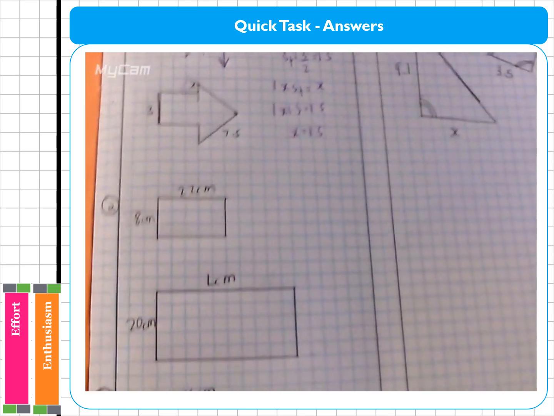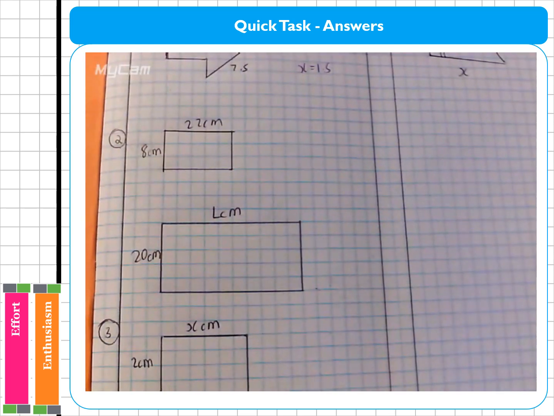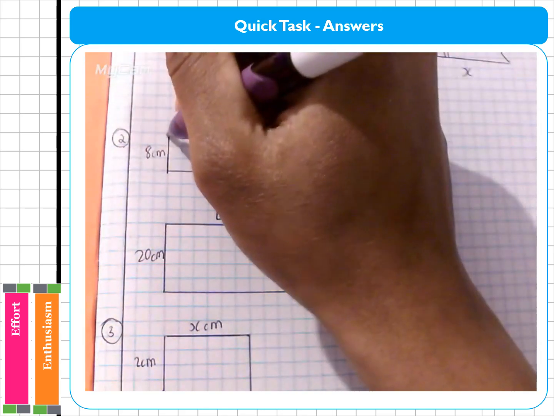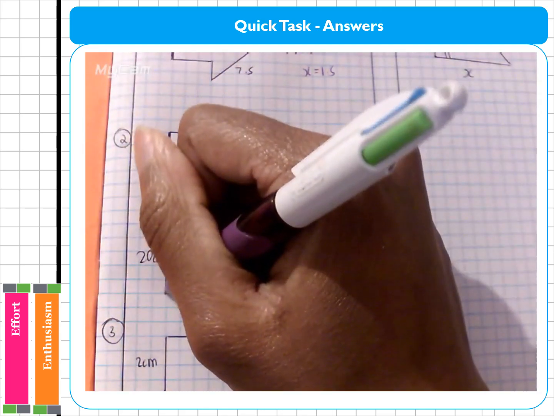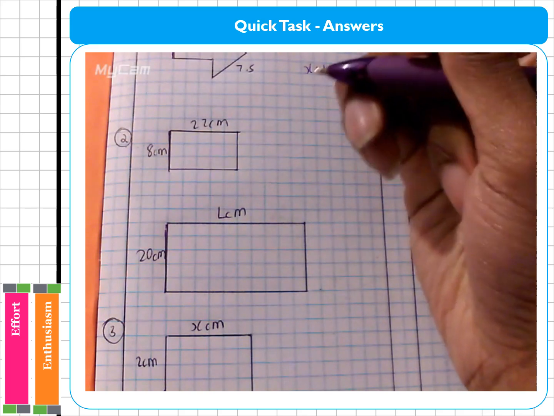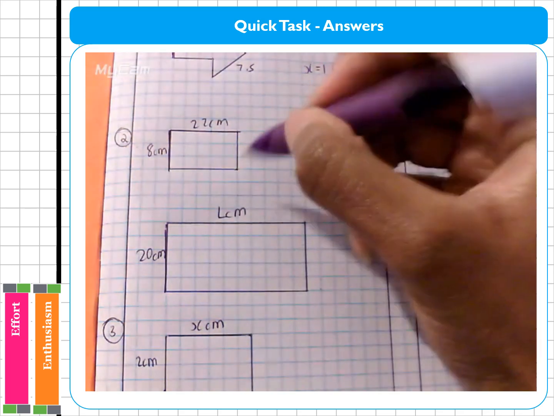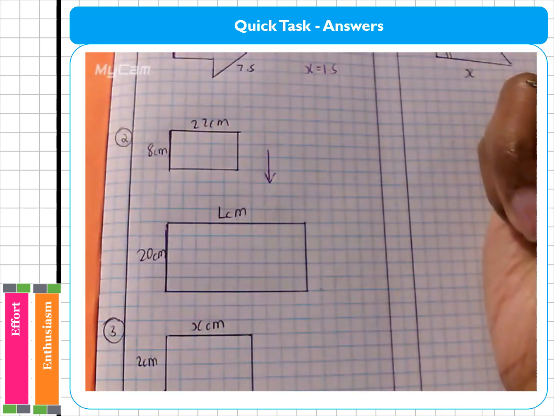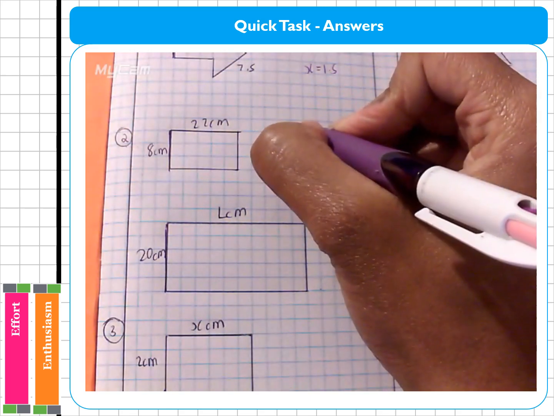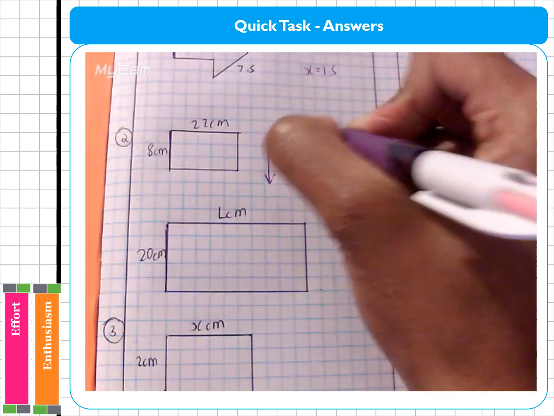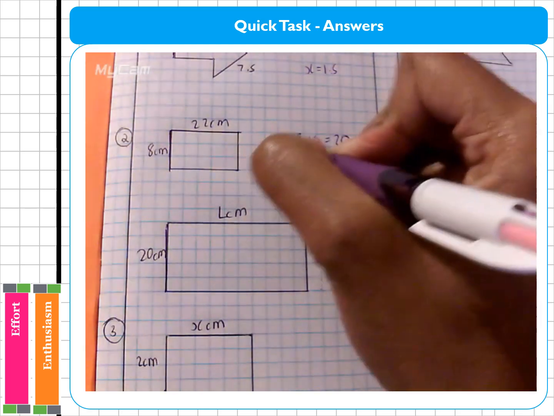Moving down the page to example number 2, again identifying the corresponding sides. This side matches with this side here. I still have a missing side down here, so I'm still going this way. I know then that 8 times my scale factor must give me 20.